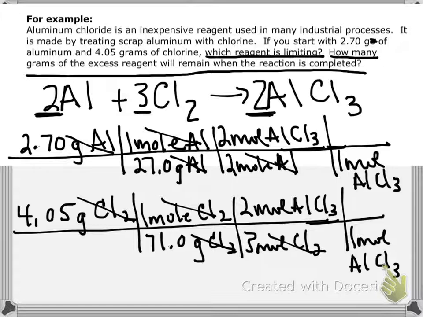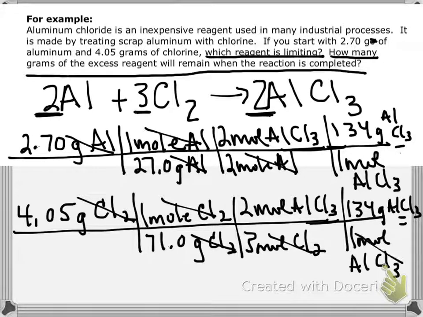And that gives me 134 grams. Okay. And that'll be the same for both problems. 134 grams of aluminum chloride. Alright, that cancels out my moles of aluminum chloride, and I'm ready to actually solve this problem.